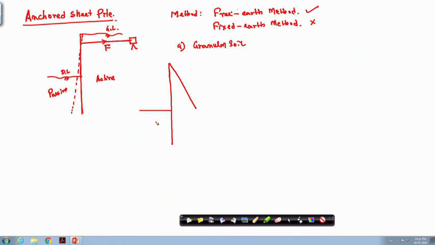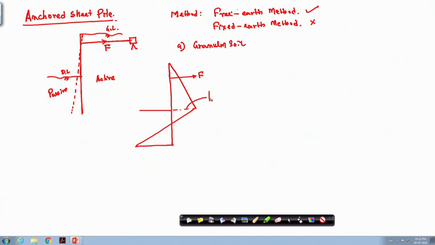So, what will happen? Your diagram will shift from right side to left side. Okay. So, this will be the diagram of this case. And there will be a force F. Fine, this is the anchorage force. So, this is the earth pressure distribution diagram.